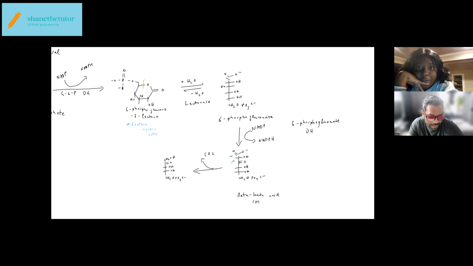Another one that comes to mind is the pyruvate dehydrogenase complex. You'll see in both of these a CO2 leaving, which could lead you to think it's a decarboxylase, but it could also be an oxidation reaction, which would mean a type of dehydrogenase. So it's still the dehydrogenase.